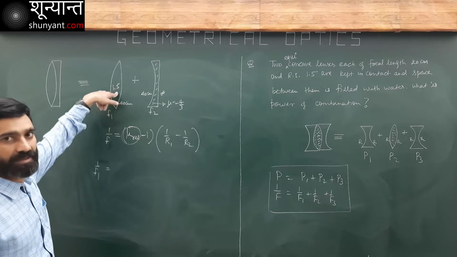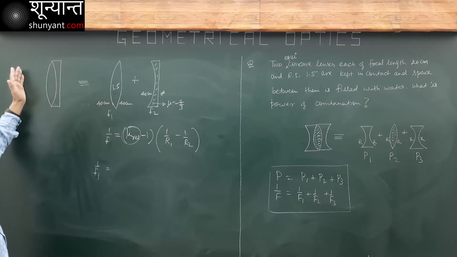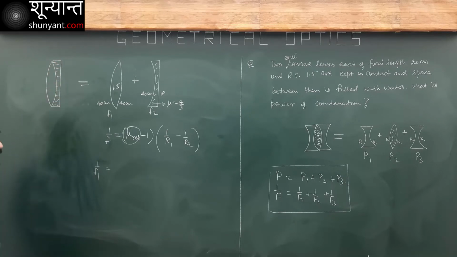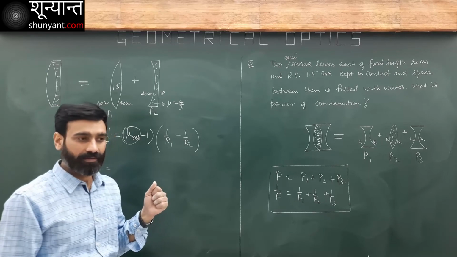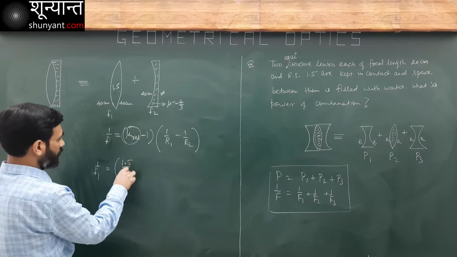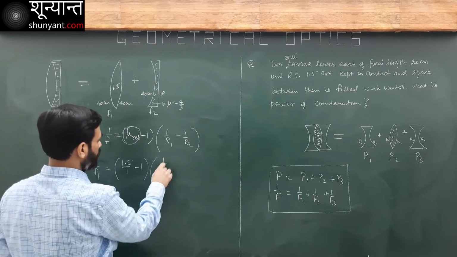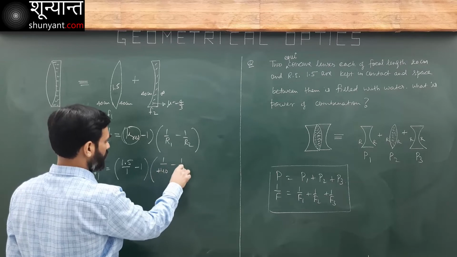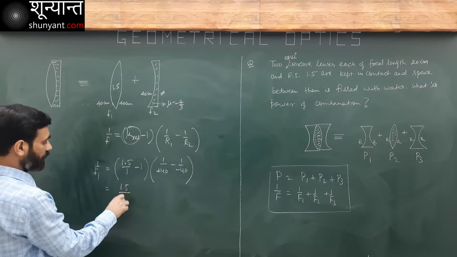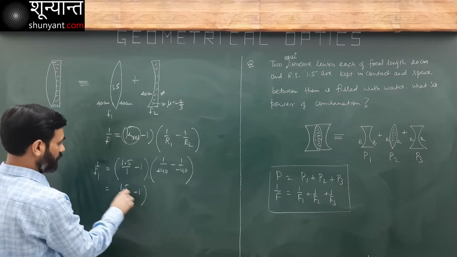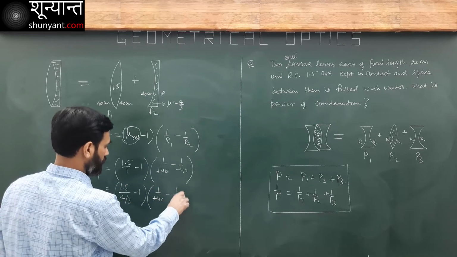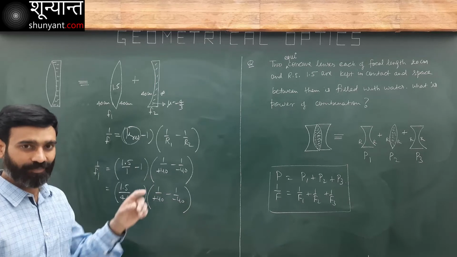Because this lens is surrounded by air on one side and water on the other side. It is equal to 1.5 over 1 minus 1, 1 over plus 40 minus 1 over minus 40. Or should I write 1.5 over 4 over 3 minus 1, and then 1 over plus 40 minus 1 over minus 40? Which one is correct? This is where the confusion happens.